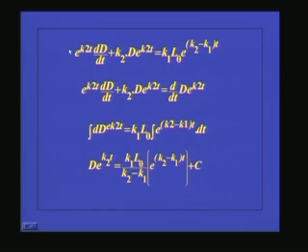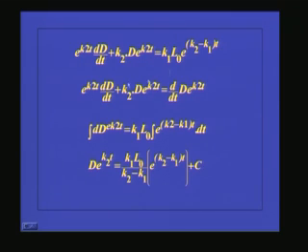So the equation will become e raised to K2 t into dD/dt plus K2 D into the same term e raised to K2 t is equal to K1 L0 into e raised to minus K1 t multiplied by e raised to K2 t, then we will get e raised to (K2 minus K1) t.